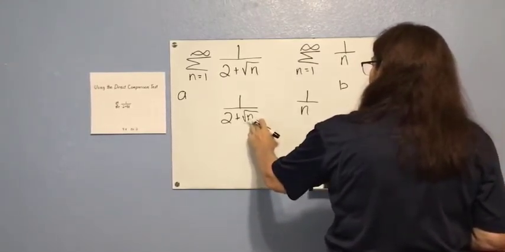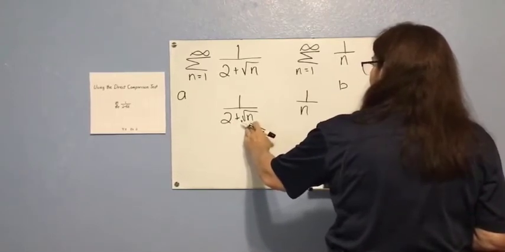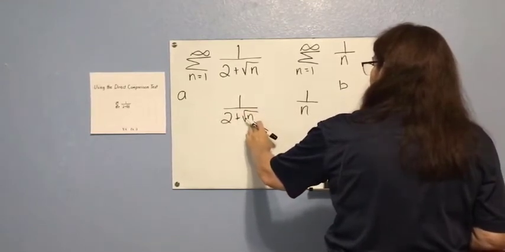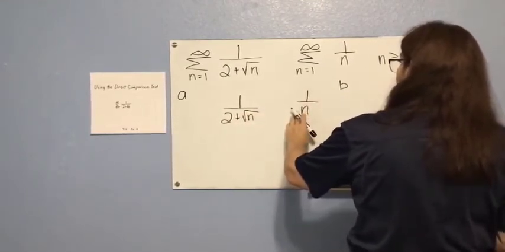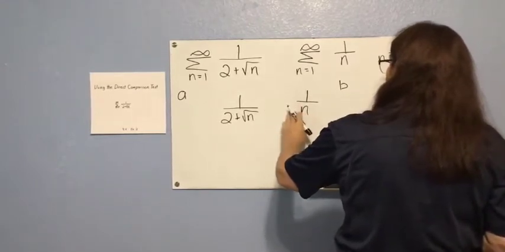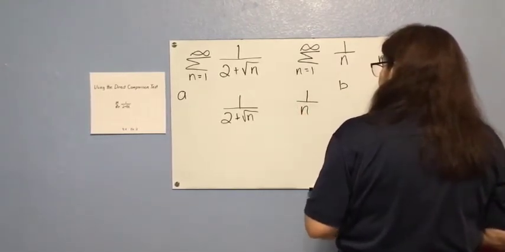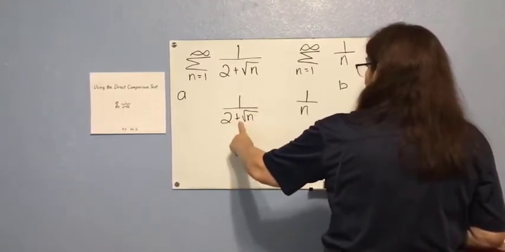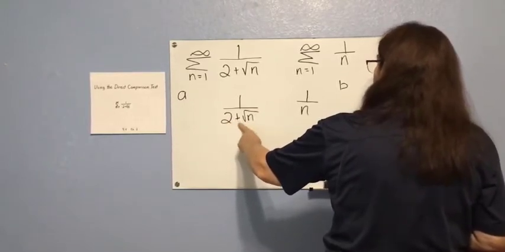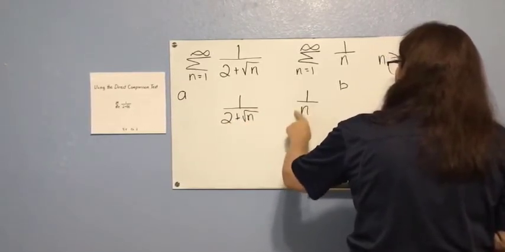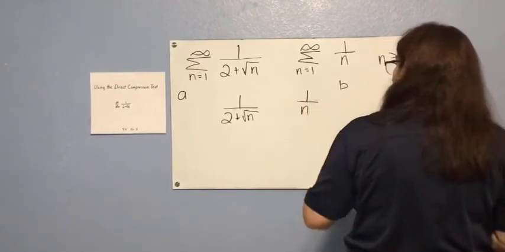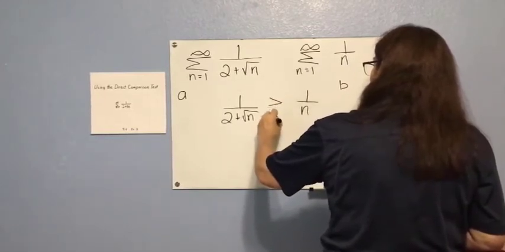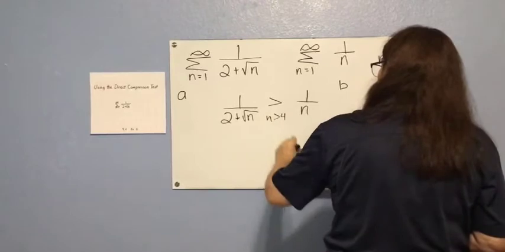If I let n equal, let's say 4, to make our math easy, then I have 1 over 4, and over here also 1 over 4. So at that point, they're equal. After that, let's say I let n equal 5. This is now going to be 1 over 4.4 something, and this will be 1 over 5. Larger denominator, smaller series. So this is now smaller when n is greater than 4.